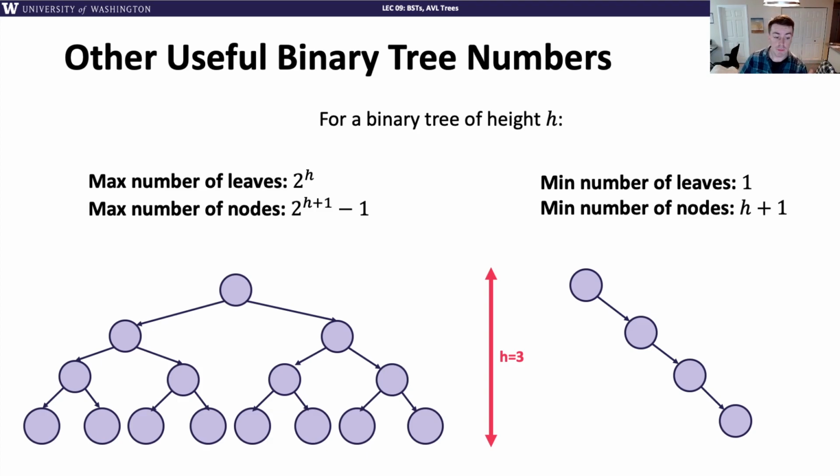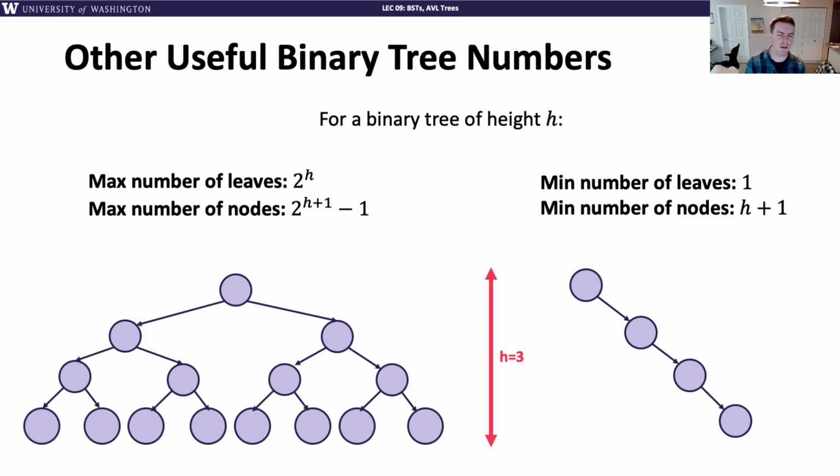Now let me remind you, that thing on the right, even though it looks like a linked list, is a tree. It has nodes that have at most one parent, and between 0 and 2 children. In this case, they only have right children. But that's still a tree. It's still totally allowed. And so you can get wildly different trees of the same height.